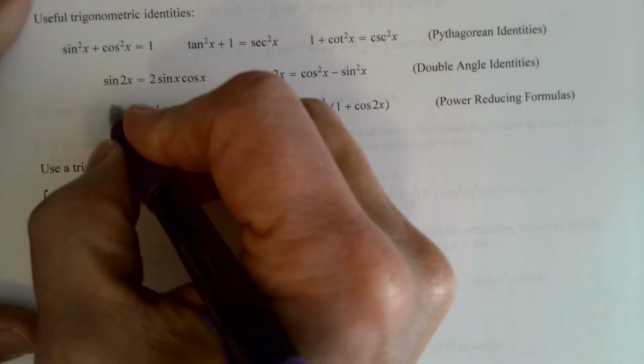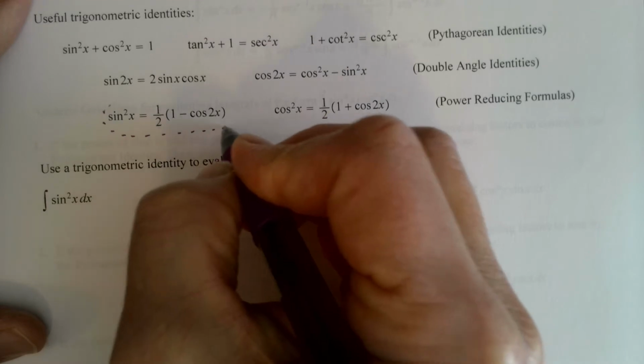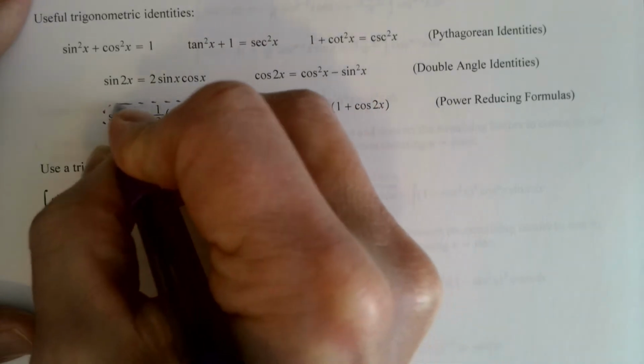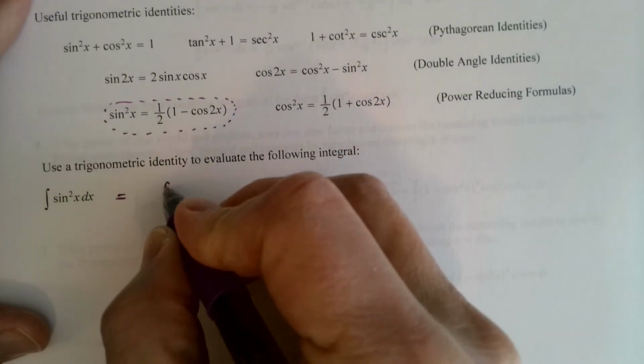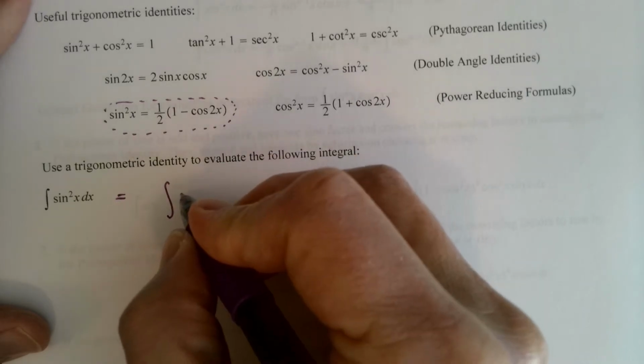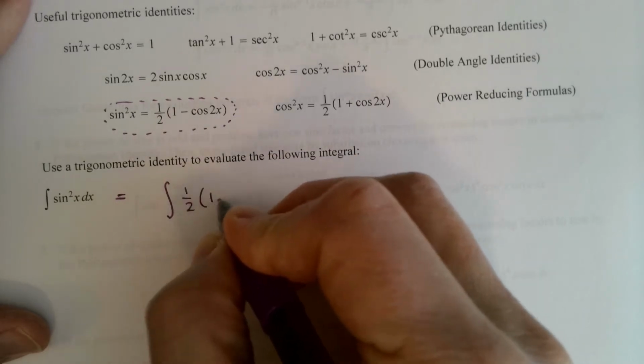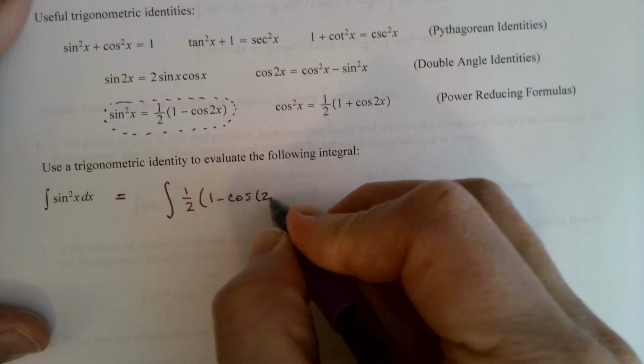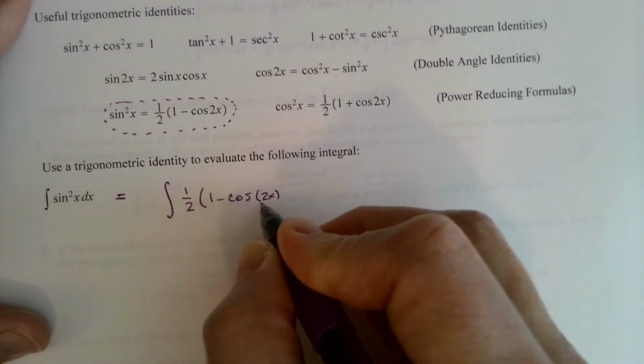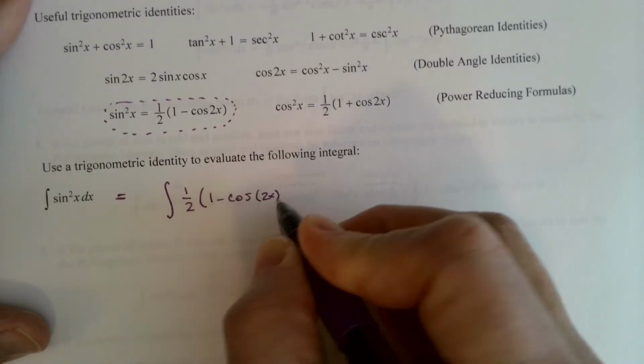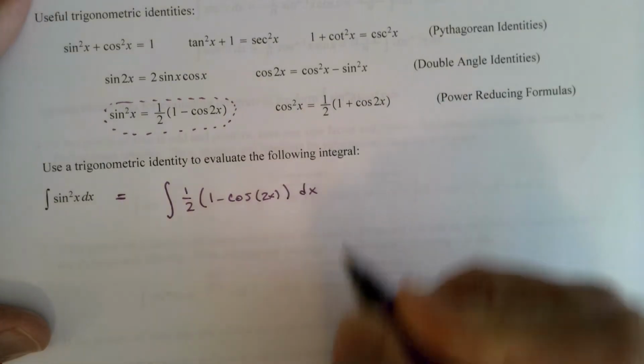So I'm going to make use of this identity here for this first one. I'm going to simply rewrite sine squared x as 1/2 times 1 minus cosine of 2x. Remember, this 2 can't come out. It's cosine of 2x. It's inside the cosine function. So that's a composition.